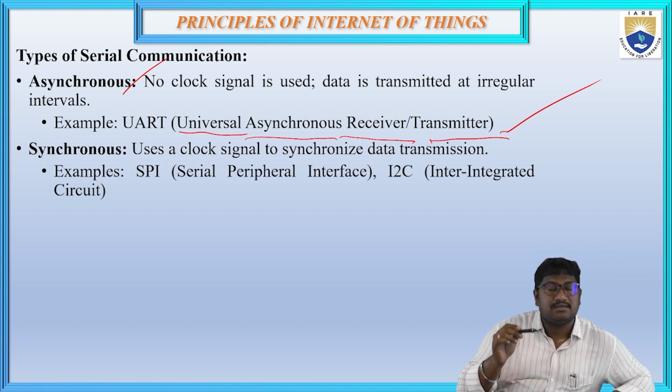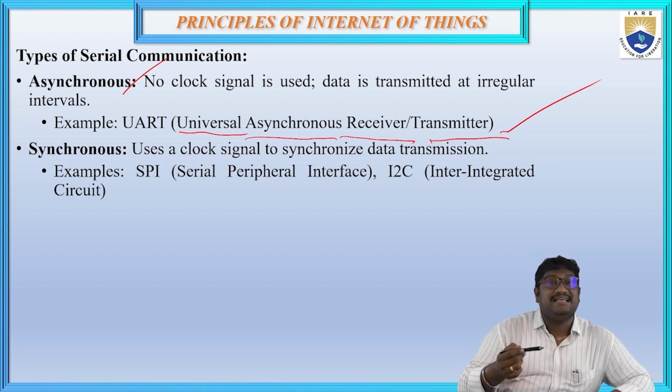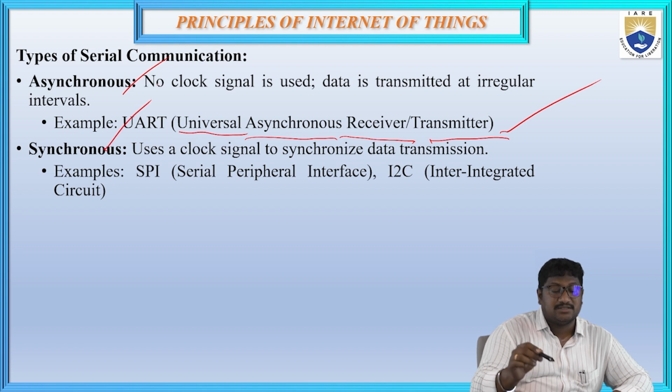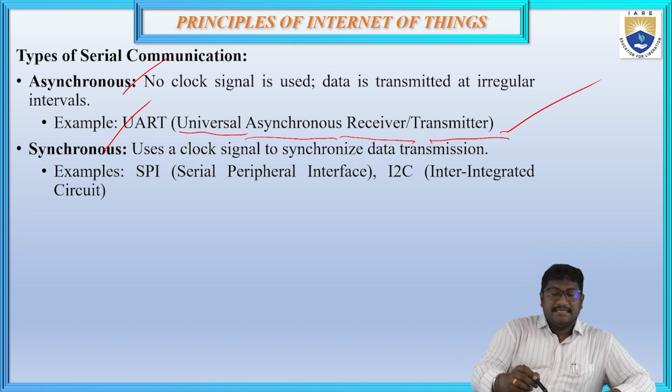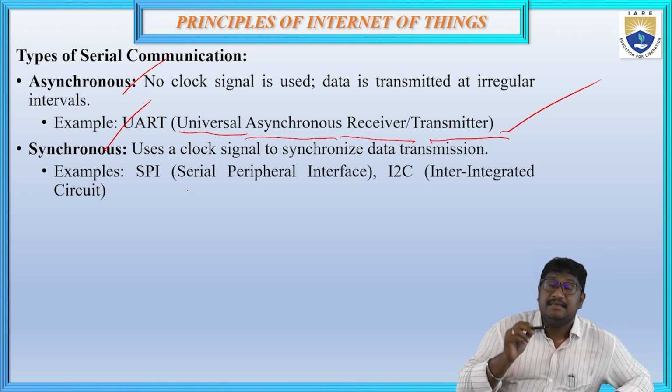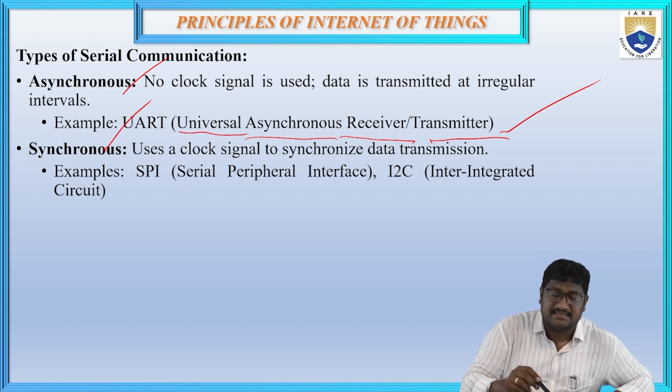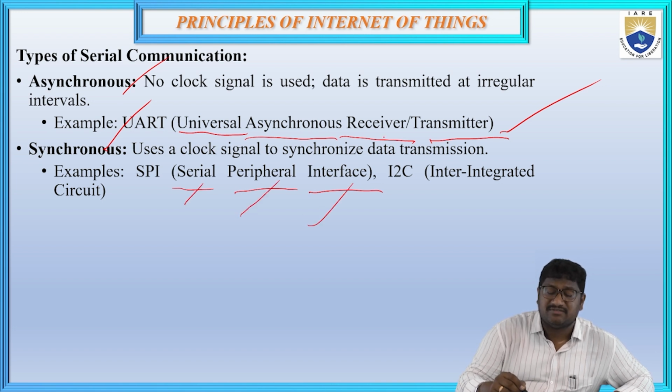Synchronous uses a clock signal which synchronizes the data transmission. That is what synchronous serial communication is. The best examples are SPI, which stands for Serial Peripheral Interface: S for serial, P for peripheral, I for interface.